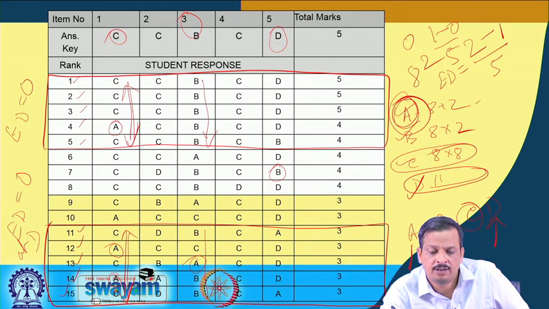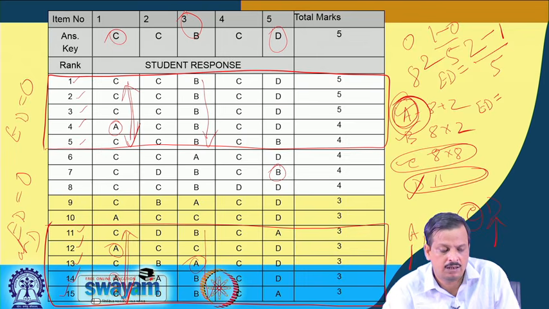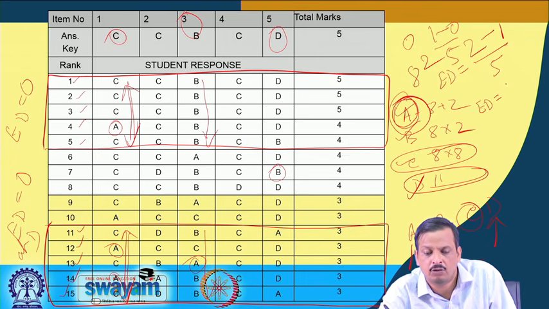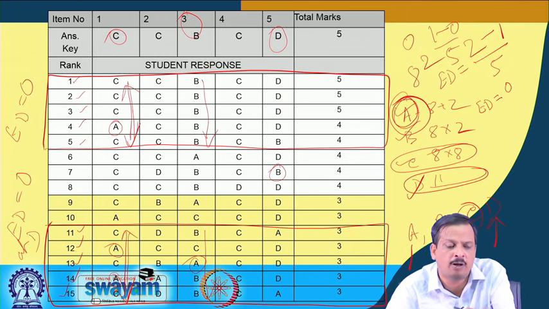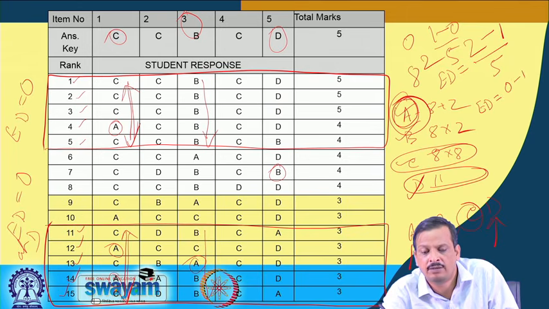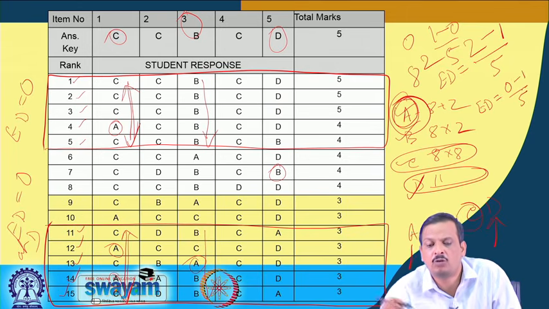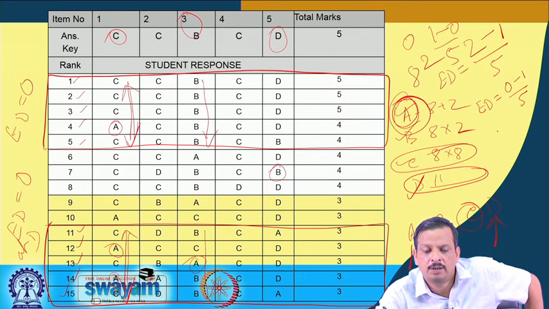ED will be the number of students in the lower group who chose B, 0, minus the number of students in the upper group who chose B, 1, divided by group size 5. So, it is minus 1 by 5.